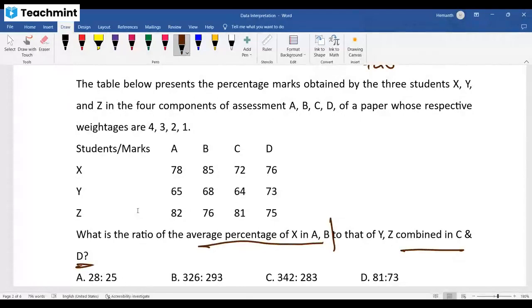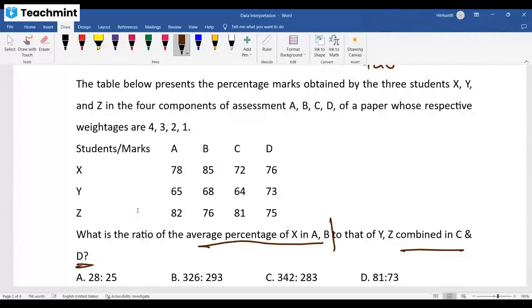Averages only. Average of X in A and B. Here, Y and Z combined in C and D, Y in C and D, Z in C and D. Okay, that we need to compute. Above average, below average, then we have to make a ratio for that.